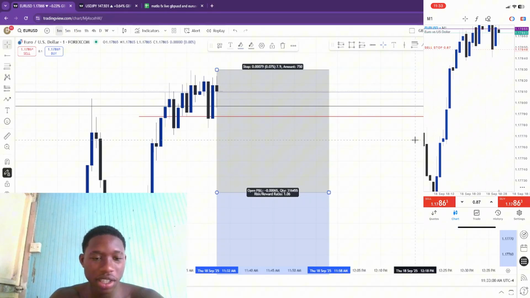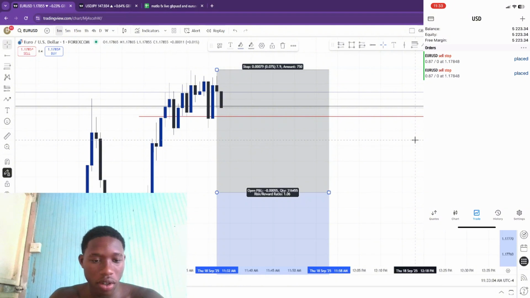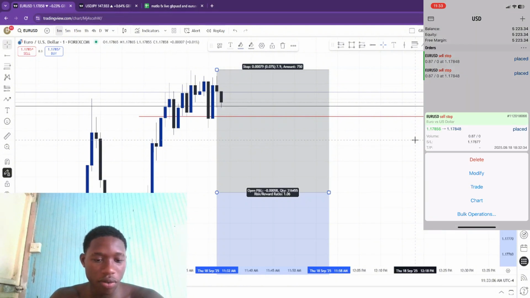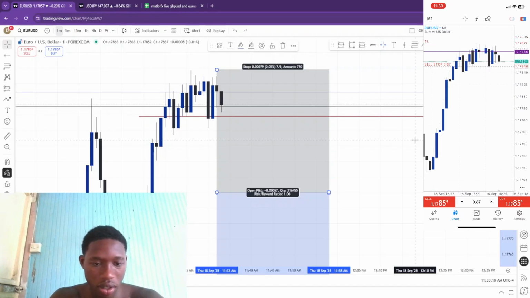I basically placed some sell stops there now. Oh fuck. Over risk. Fuck. For free.